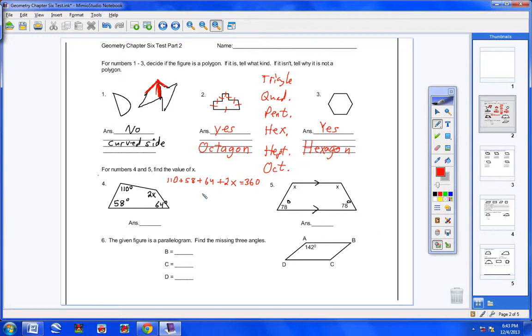Sure I do. Now, I have 3 like terms. 1, 2, 3. Let's go ahead and combine those 3 like terms, and if I do that correctly, I will get 232 plus 2x equals 360. All right?